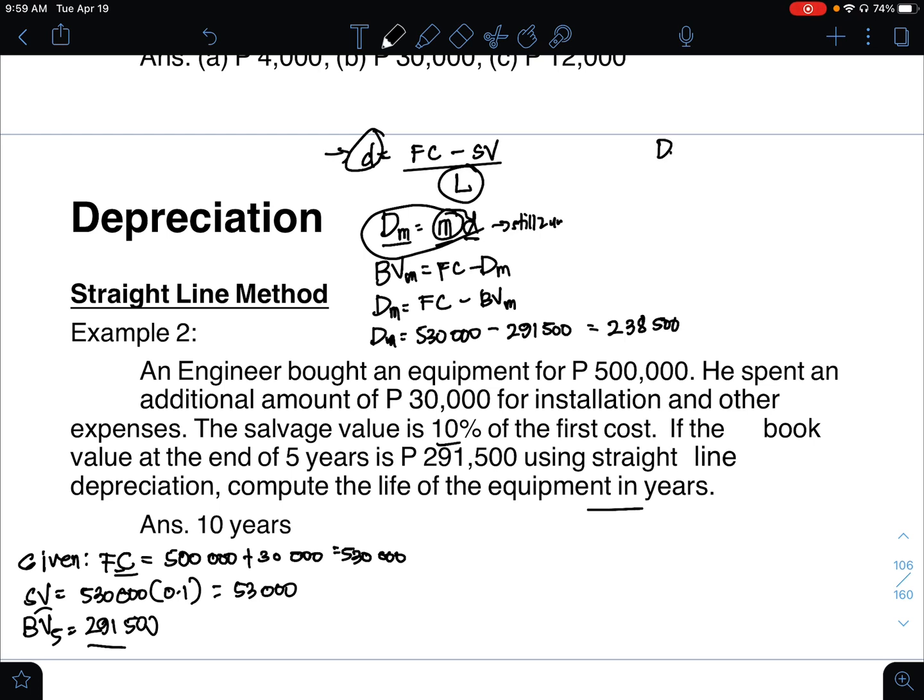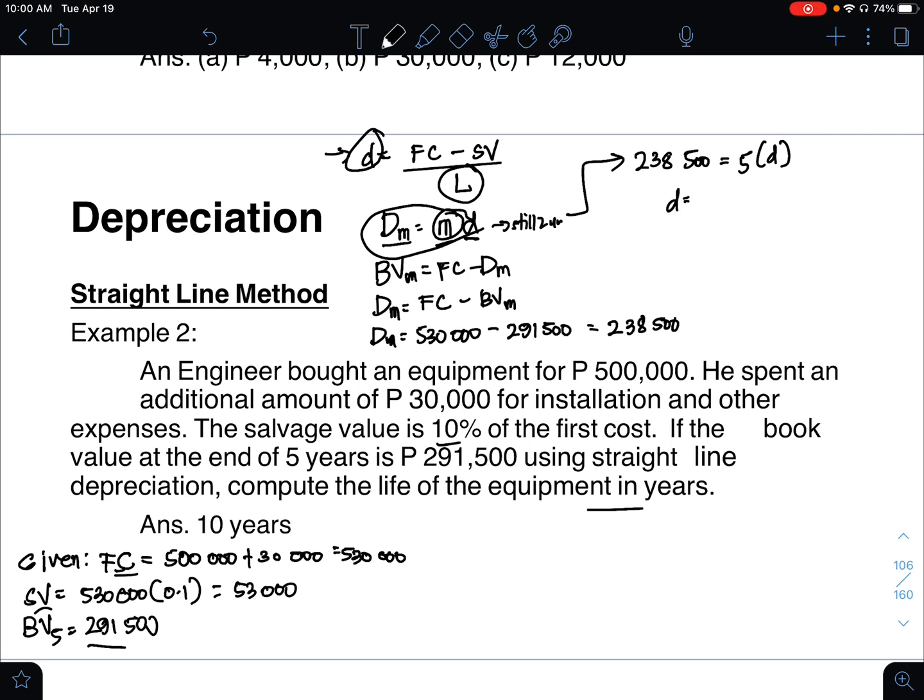So DM is equal to 238,500 is equal to M, our M is 5, times D. So we can get the depreciation. That's 238,500 divided by 5.